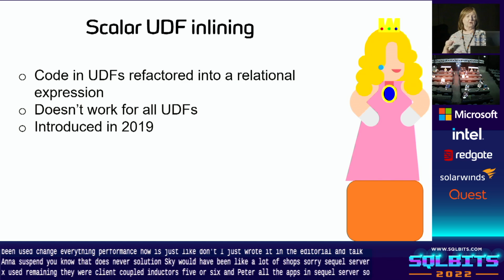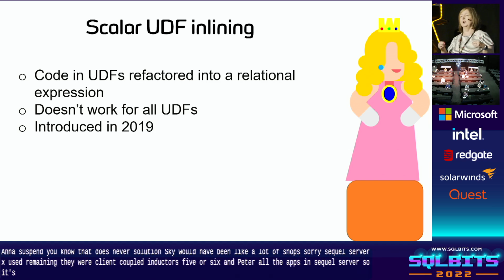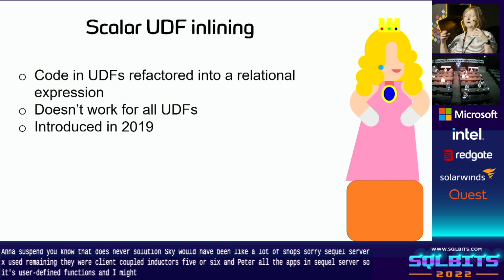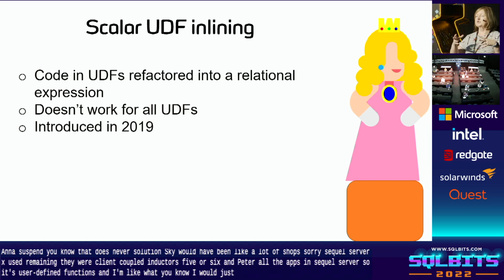So what happens is, let's say that my user-defined function has a formula, and I'm like, well, I would always like to just use this function instead of typing that whole formula out in the select list, all right?